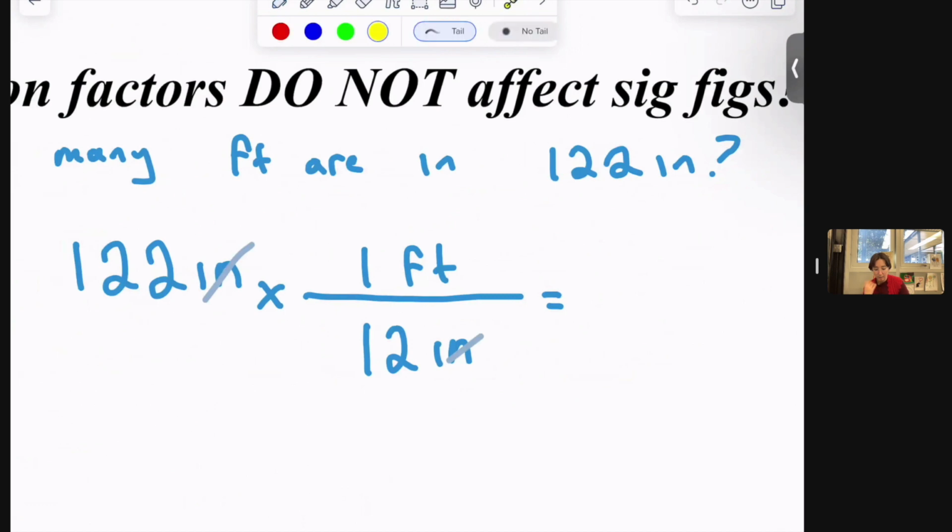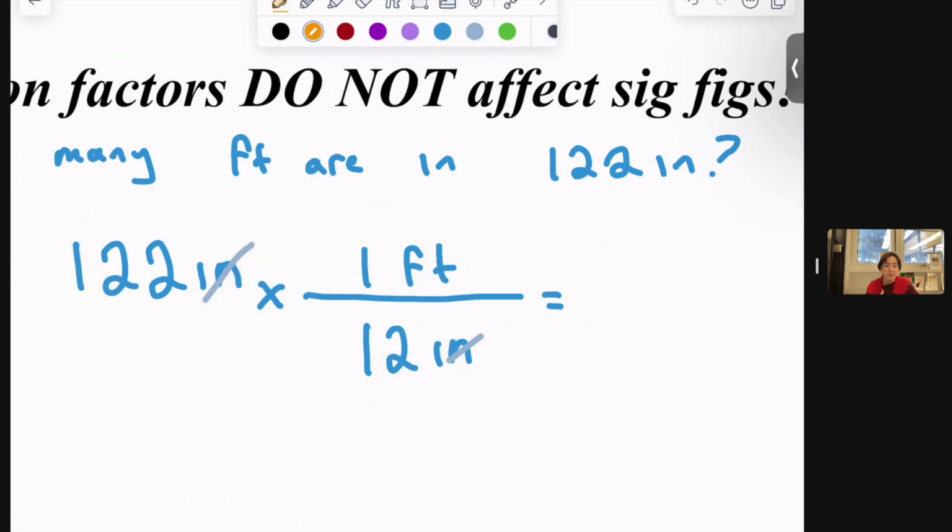You might be thinking, well, we just learned the rules for multiplying, and the rules for multiplying are that I should round to the least number of sig figs. So this has 1 sig fig, and this has 2 sig figs, and this has 3 sig figs. So I should round to 1 sig fig. No. Conversion factor is not a part of it. So I don't consider these ones. I only care about my starting value.